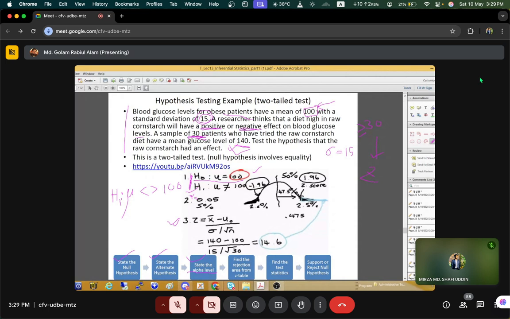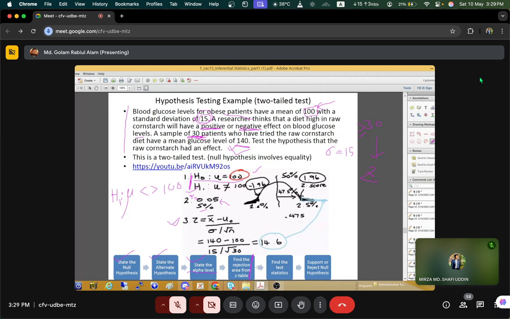We will discuss a little more about alpha after a few slides. So here the significance level is 0.05, that is 5%. And now find the rejection area from the G table.